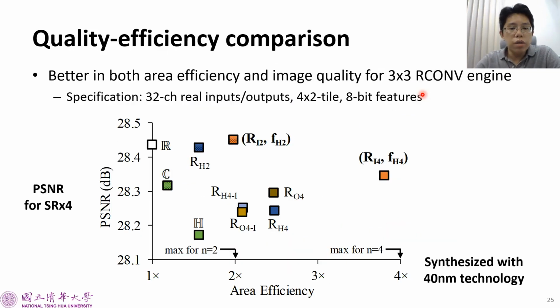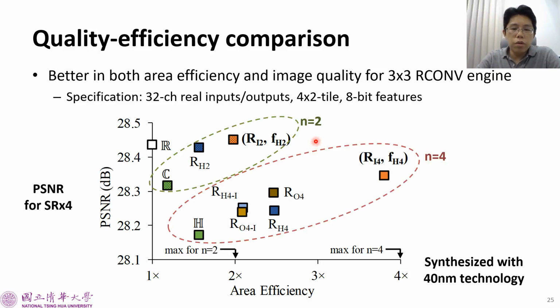To include area efficiency in the comparison, we synthesize the designs for different ring algebras with 40nm technology. And no matter for n equals 2 or 4, the proposed ring can show the best image quality and area efficiency.